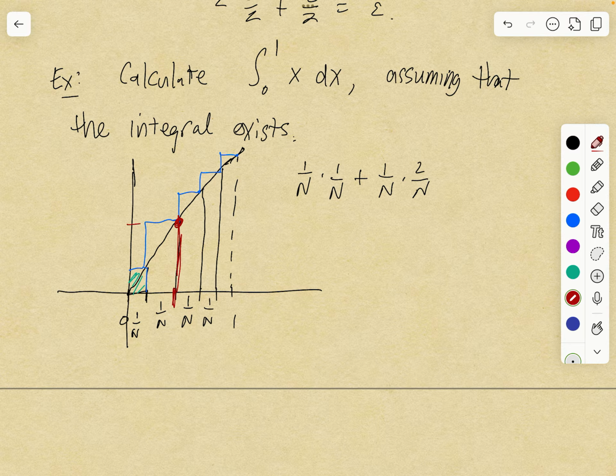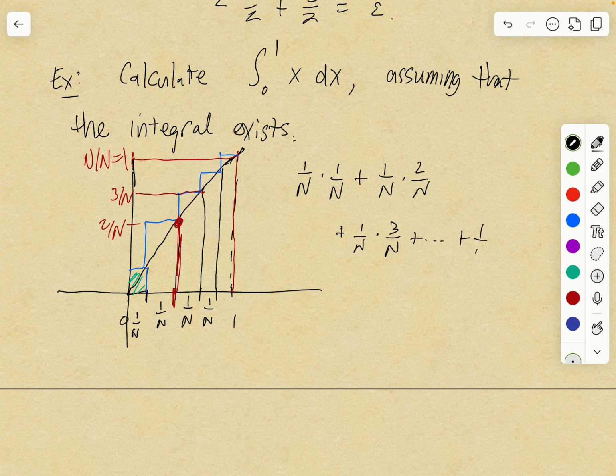This one is 3 over n, etc. And then you end up at n over n, which is 1. So it's going to be 1 over n times 1 over n plus 1 over n times 2 over n plus 1 over n times 3 over n, all the way to 1 over n times n over n. So that's one of the Riemann sums, R of n.